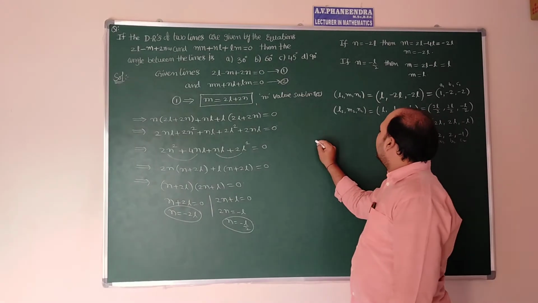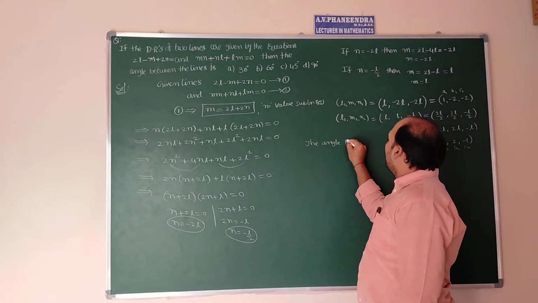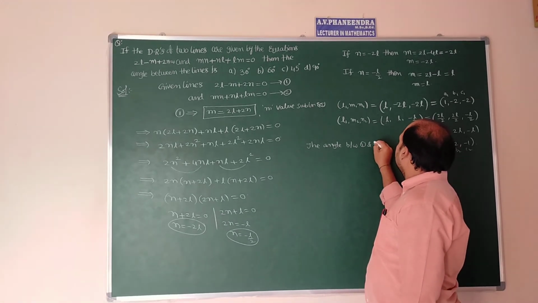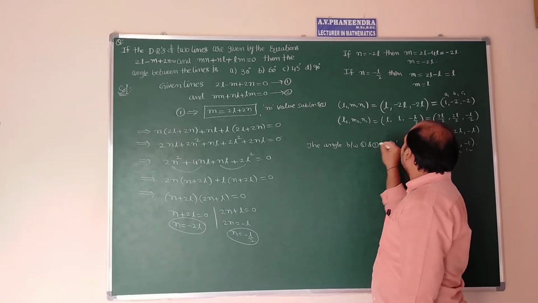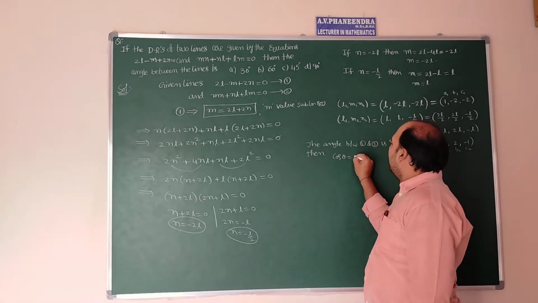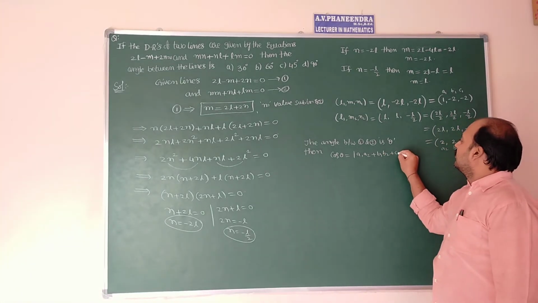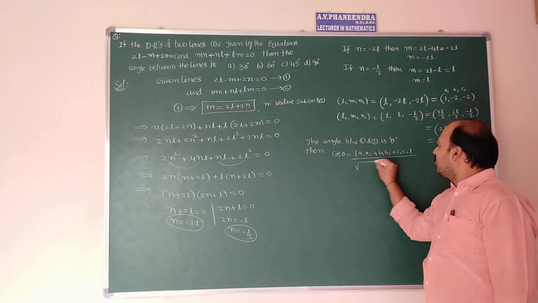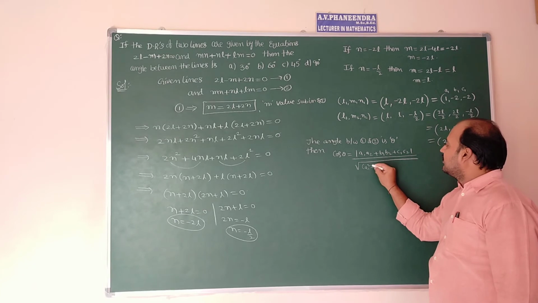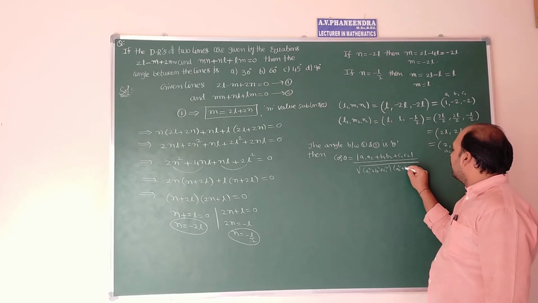Now the angle between them. The angle between 1 and 2 is theta. Then cos theta equals, applying the formula, mod of A1 A2 plus B1 B2 plus C1 C2, divided by root of A1 square plus B1 square plus C1 square into root of A2 square plus B2 square plus C2 square.